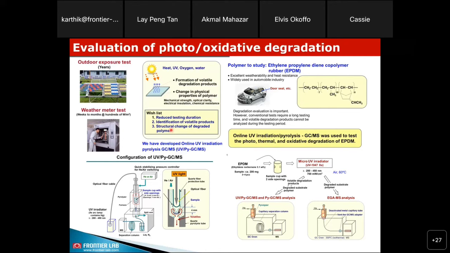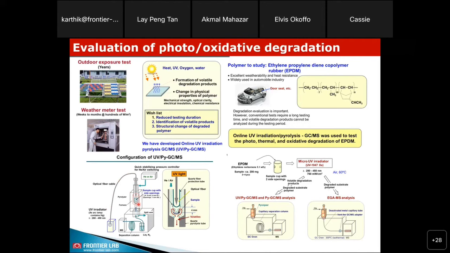For this reason, conventionally people use the weather meter or outdoor exposure. These types of investigations take a longer period. On the other hand, we have a small accessory which is a UV probe, an optical fiber with UV light. So you can expose your sample to the UV light in the furnace itself.